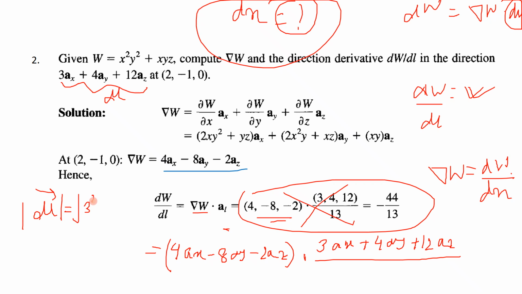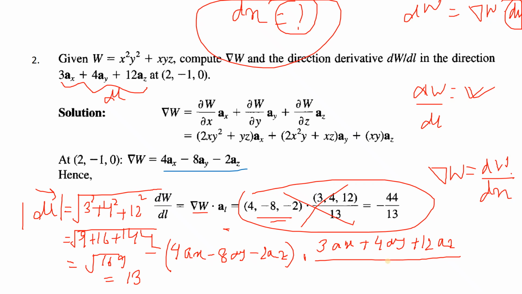The mod value of dl will be root over of 3 square plus 4 square plus 12 square. So it is 9, 16, 144. So 50, 60. So root over of 169, that is 13. So put 13.